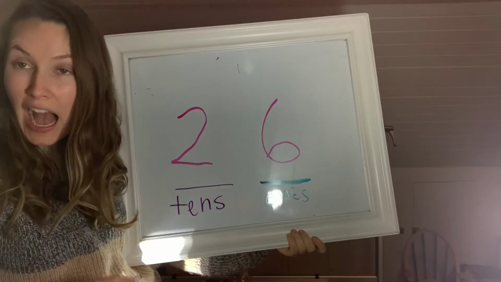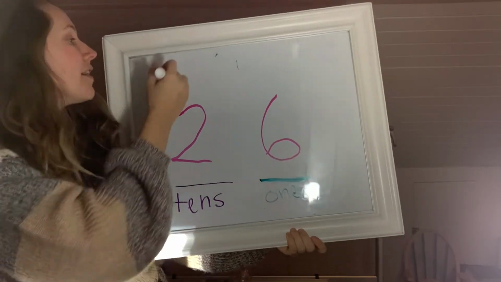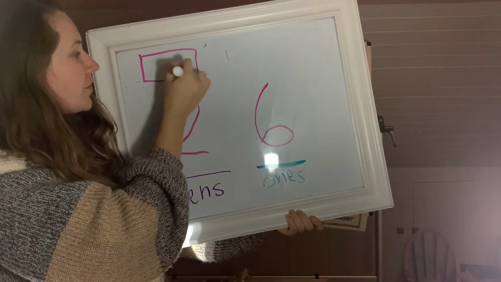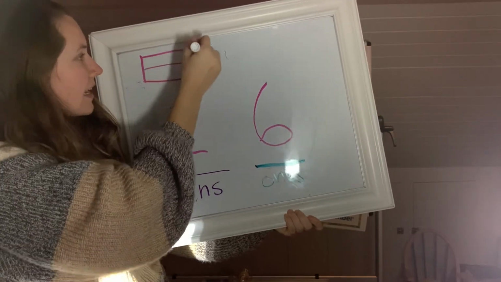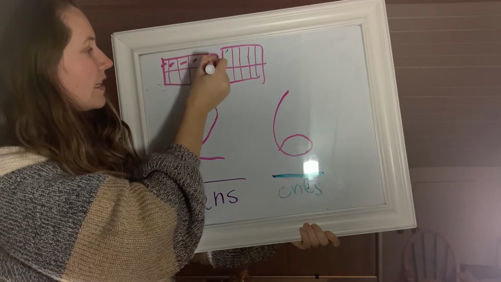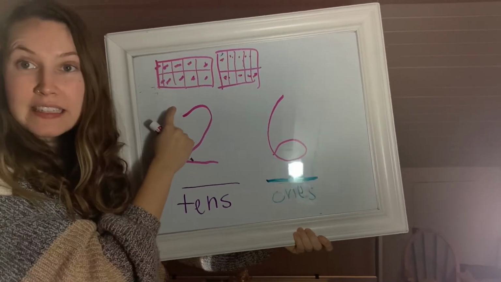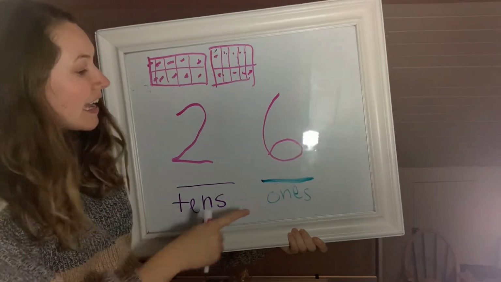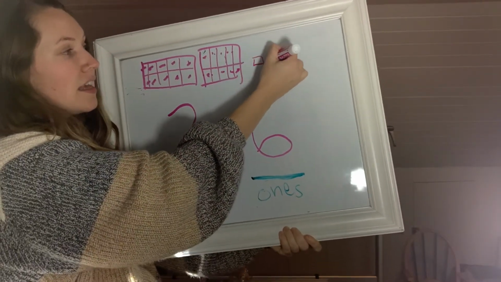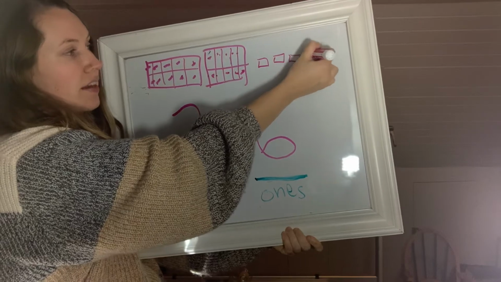That tells me how many groups of 10 I have. So that means that I have 2 full 10 frames in the tens position. I would have 2 fully colored in 10 frames, which makes 10, 20, and I have a 6 in the ones position, which means I would have 6 little leftover single blocks.